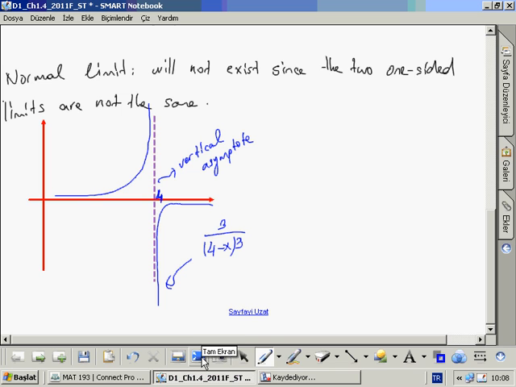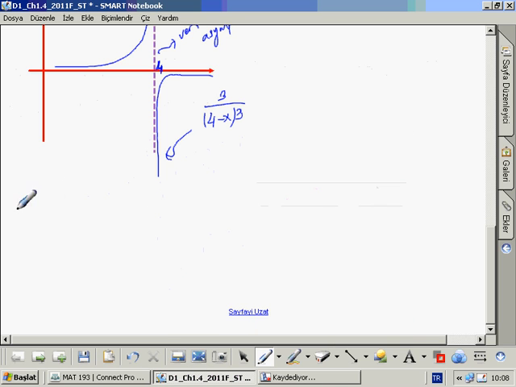And let me continue with another question or another example.